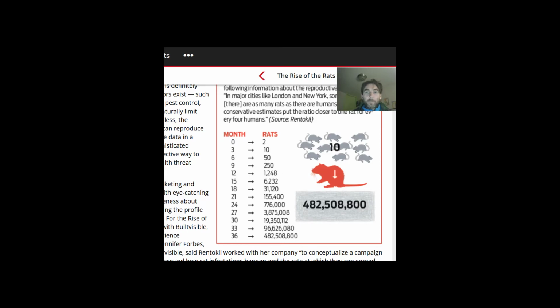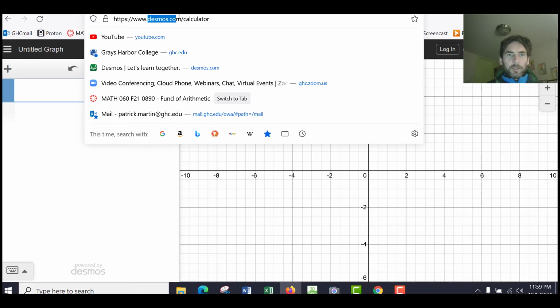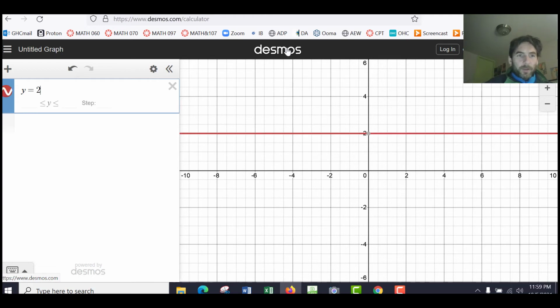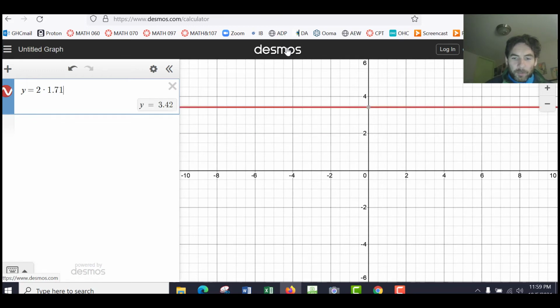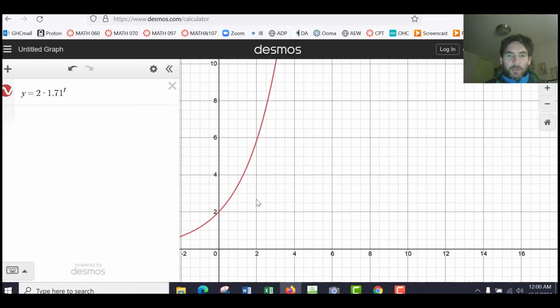Okay, so I've popped over to desmos.com. I'm going to use the free graphing calculator just for fun. And our population of rats is y equals, start with 2. And the increase at 71%, so 1.71 every month, to the power of t. So this is the increase of the rat population per month.